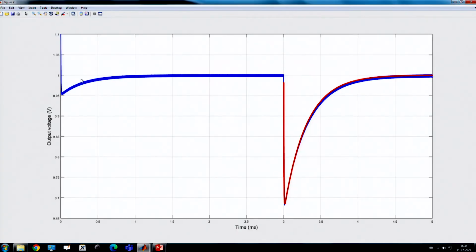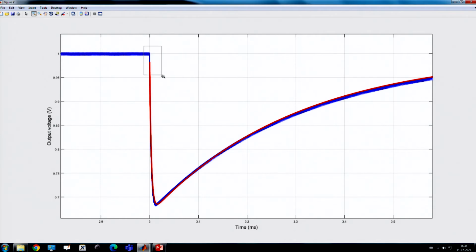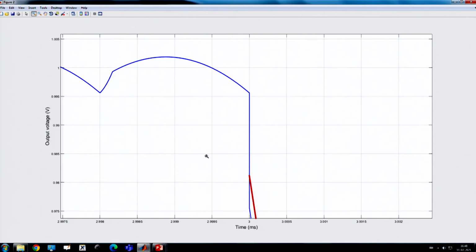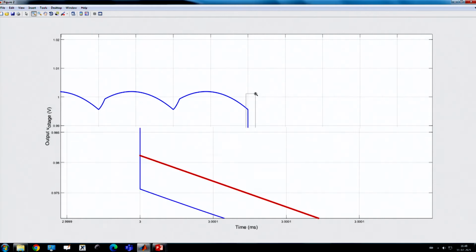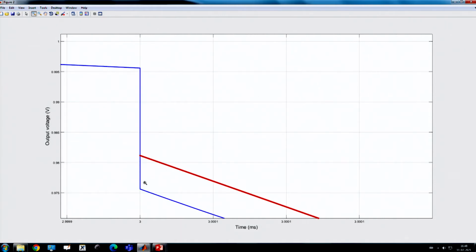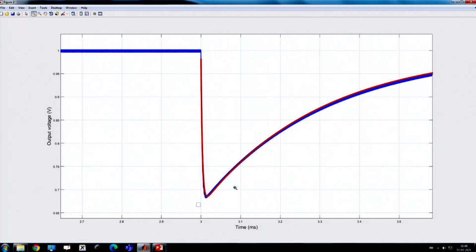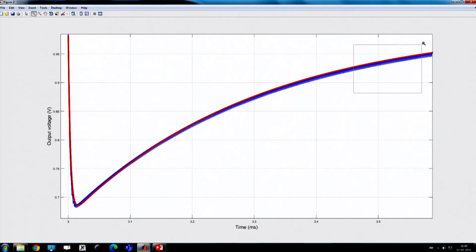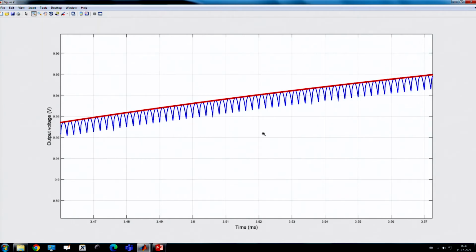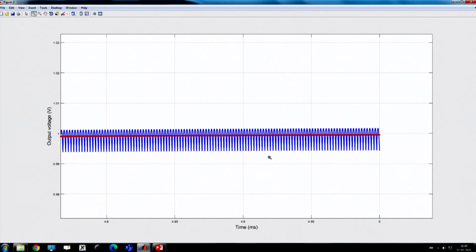So it is showing the load step transient, and you can see this initial jump is closely due to the ESR jump. It is closely capturing the ESR jump that we saw in our earlier small signal model, and you can see the response is matching reasonably accurately, quite nice. You can see they are coming close.